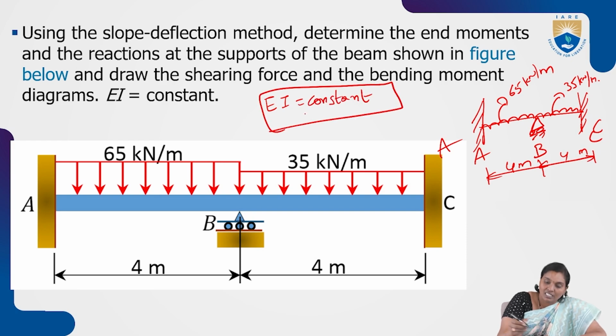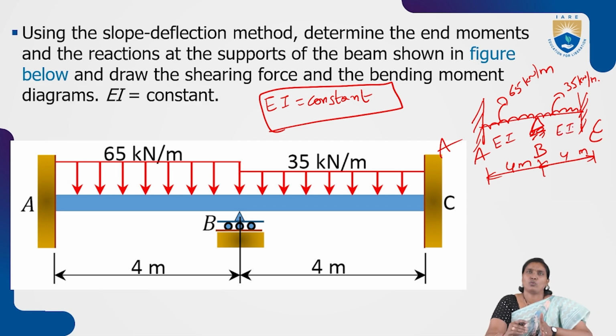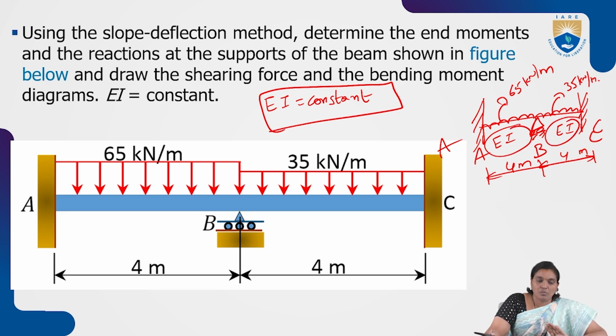In some cases it may also vary: EI, 2EI, 3EI, 4EI, different combinations we may observe for AB as well as BC. Here it is constant. Now draw the shear force and bending moment diagrams for these conditions. This is the given data, according to the figure.